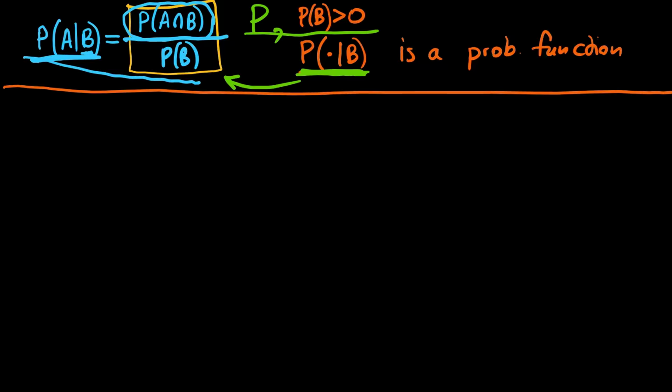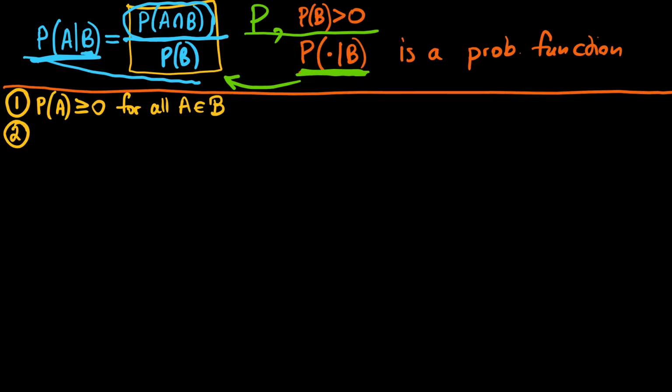In order to show that it's a probability function, we'll need to show that the three axioms are satisfied. So let's briefly restate the three axioms. The first one said that the probability of any event A is greater than or equal to 0, and that's true for all events A that are members of the Borel field.